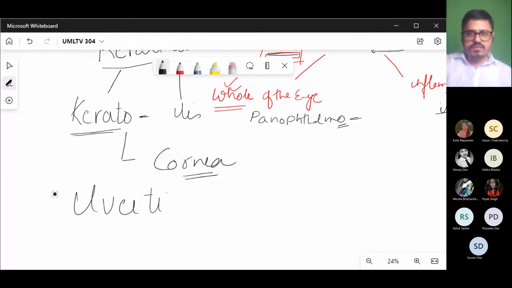That's true. But in the context of the eye, I can use another term that is uveitis. Now, what would be the meaning of this particular term? First, let us have a look into the breakdown of this term into prefix and suffix.